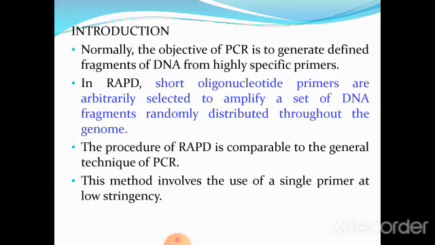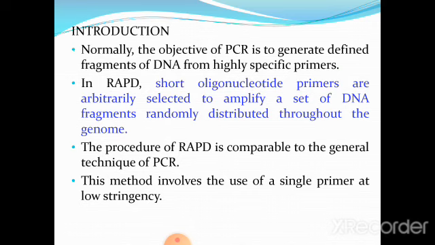Now, normally in PCR, what I have taught you in my previous lectures, the main objective is to generate defined fragments of DNA from highly specific primers. That's what we did in PCR.